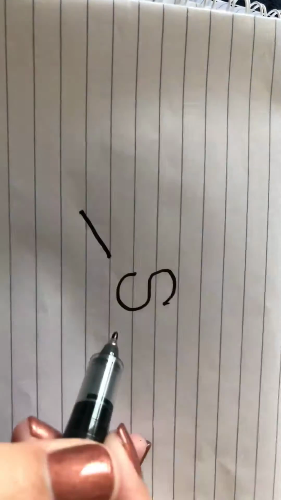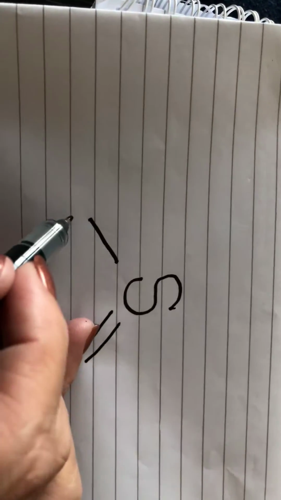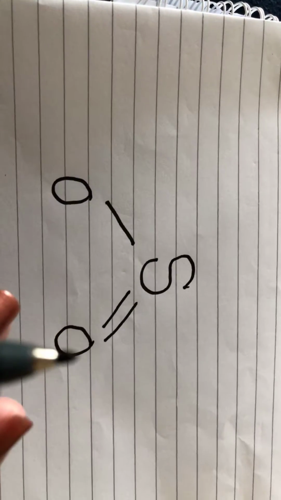So 2 oxygens are going to share 3 bonds. That means I would have a single bond and a double bond, because I only have 2 oxygens that can share those bonds. So one of them will be a single bond, one is going to be a double bond. Now I have my basic structure ready.